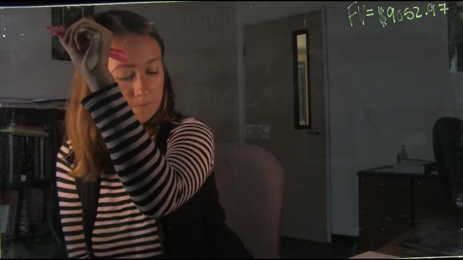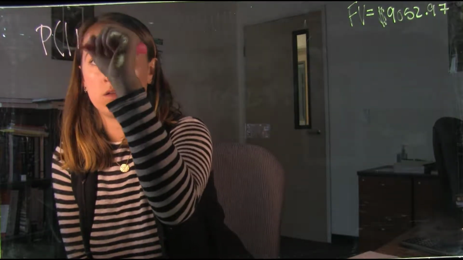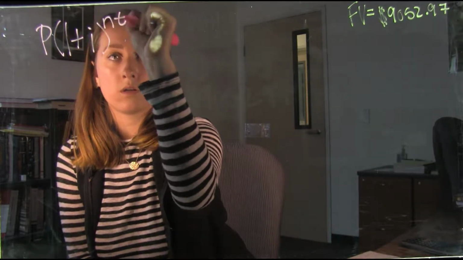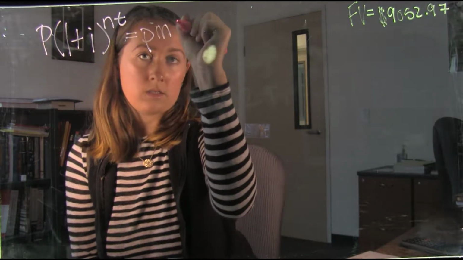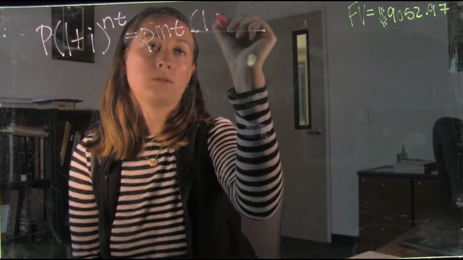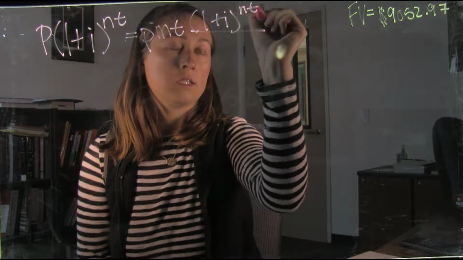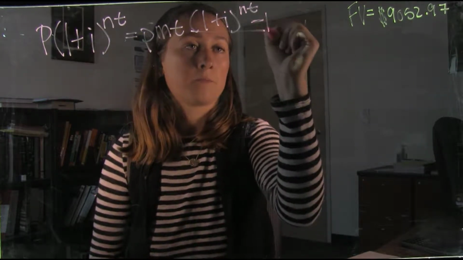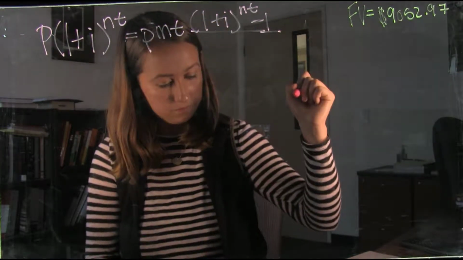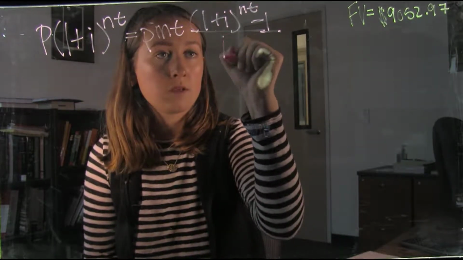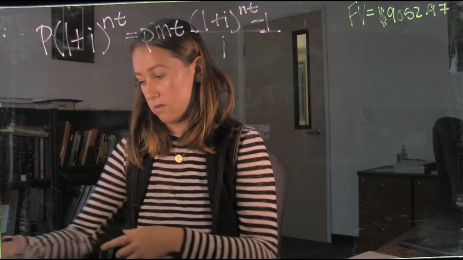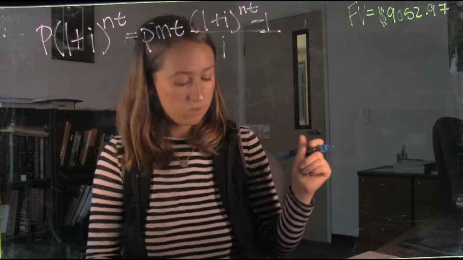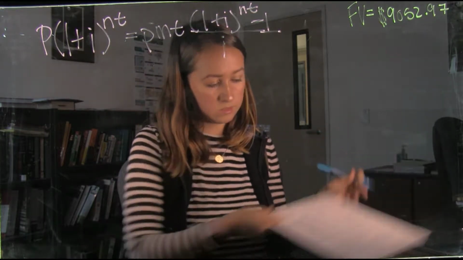So it's P(1 + I)^NT equals payment times ((1 + I)^NT minus 1) over I. So the way that we're going to do this one is plugging in our numbers.